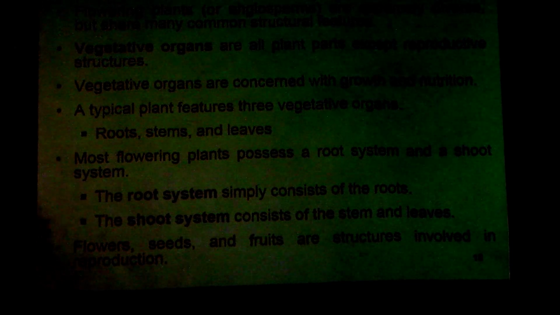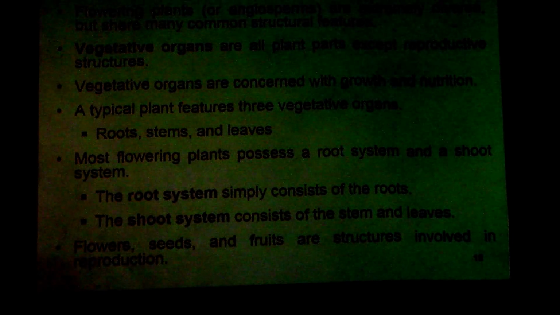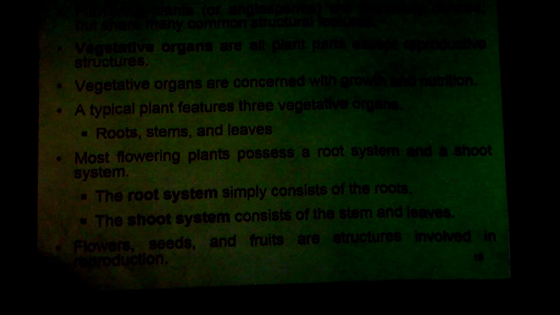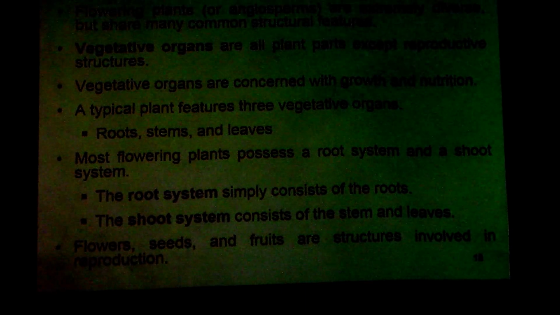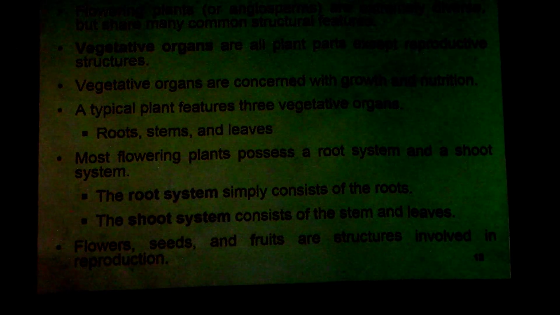So there are vegetative organs, and then there are reproductive organs. Reproductive organs are flowers and the seeds and fruits that contain them, and vegetative organs are roots, stems, and leaves.